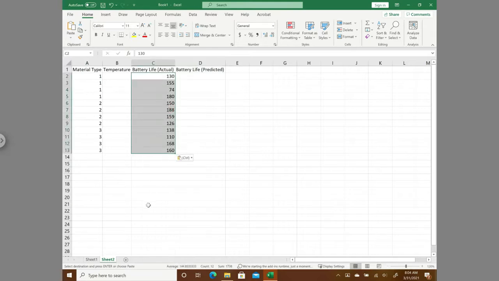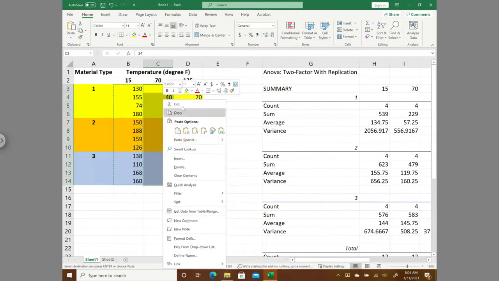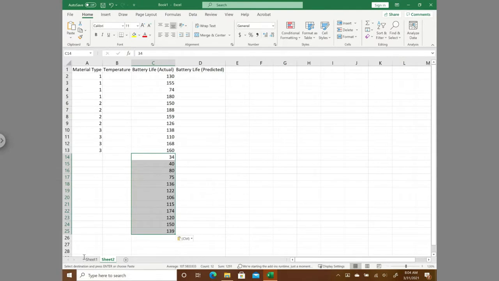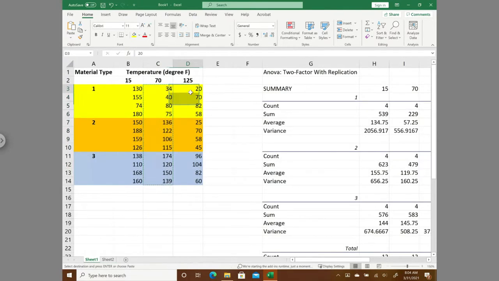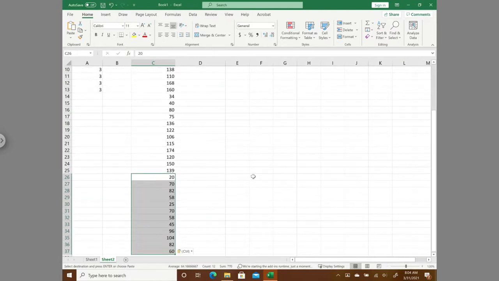So that's actual battery life, right? Then while we are at it, let's copy these other battery lives here. And we need 36 rows because we have 36 observations. So I'm going to copy this here. Then we have this third row, third column, copy and paste it here. So that's the 36 observations, right?